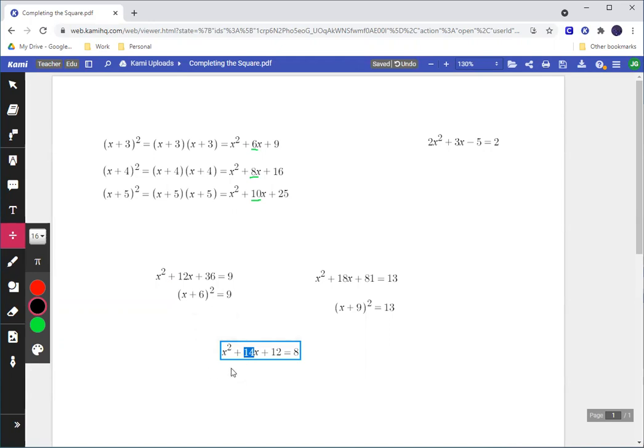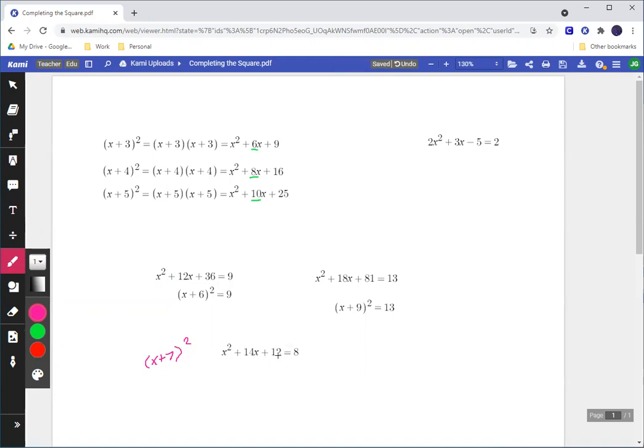So we immediately relate that to x plus 7 because of that 14. So we're thinking off to the side here, x plus 7 squared. And we say, well, that doesn't make sense because this 12 would need to be a 49, which it's not. But we can use a little bit of algebra and we can actually turn this into a 49.